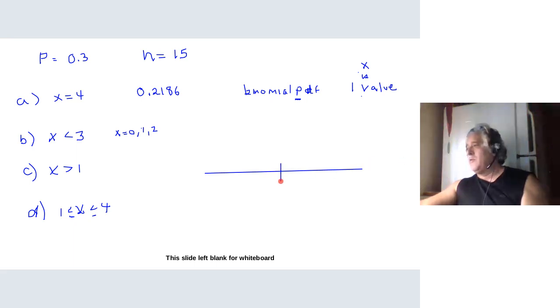So if 1 is right here, now, like I said, these are going to keep on going on and on up to 15. Just don't have enough room to put it. But over here, we got 0. All right. So greater than 1 means these values starting here.